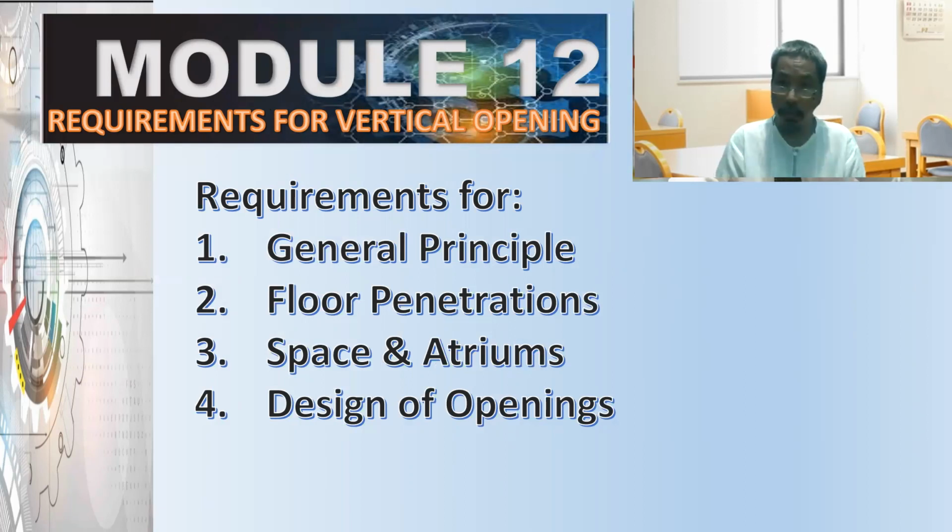Space meaning communicating space, because those directly give us the effects. The good design of that communicating space would give us a good result, lower risk. So number 4, design of openings.